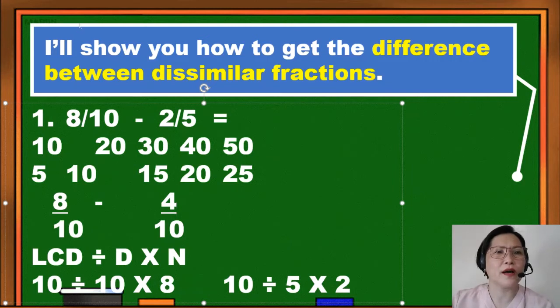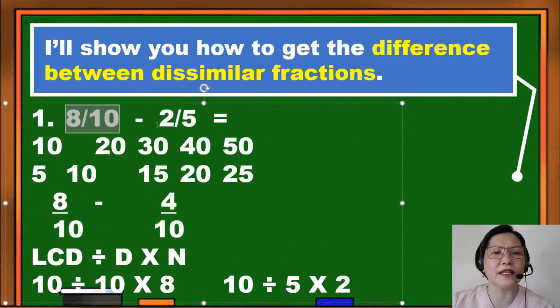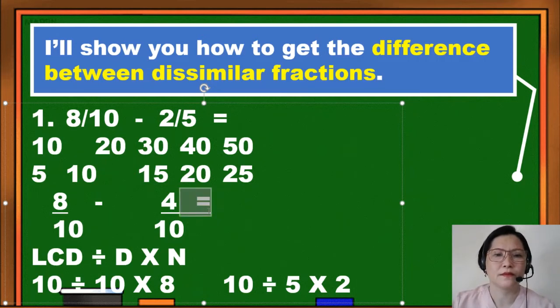So, we now have similar fractions. So, remember, 8/10 and 4/10 are equivalent fractions of 8/10 and 2/5. So, if we are going to subtract, 8 minus 4 equals 4.